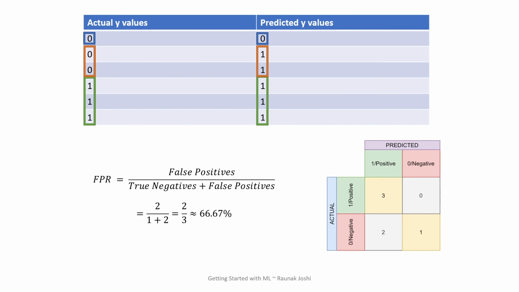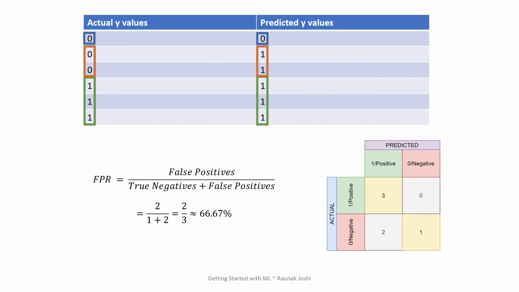Actually it is 66.6666 and so on. I am trying to avoid this. So my FPR is 66%, which holds much more dominance compared to the specificity part. So this is where I have to work on the specificity. Please understand this.